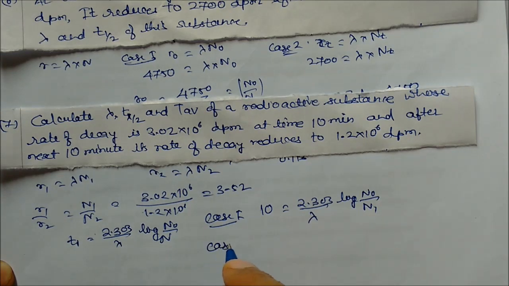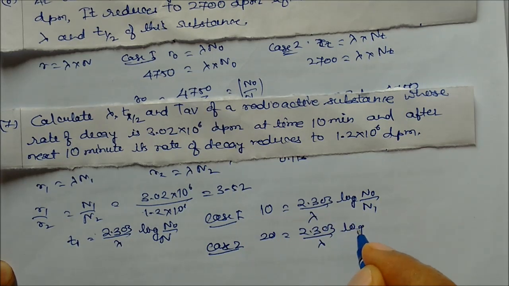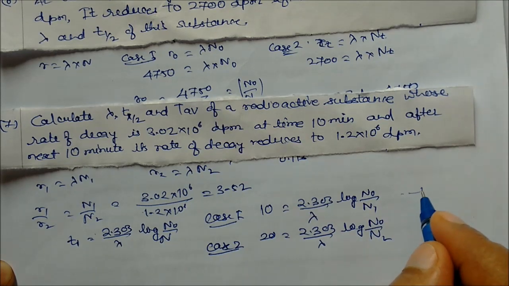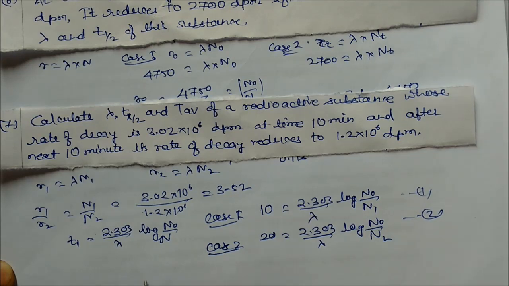As for case 2, it is given that 20 is equal to 2.303 by lambda and log N naught by N2. Now we can subtract this one.